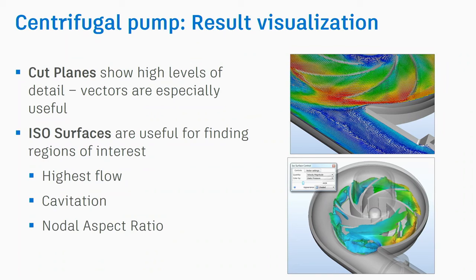You can also use a second tool, which is the isosurfaces, or there are also the isovolumes. I'm going to explain what's the difference. So the isosurfaces are used to find regions of interest, like the cut planes, high flow, or cavitation. What does it mean, cavitation?